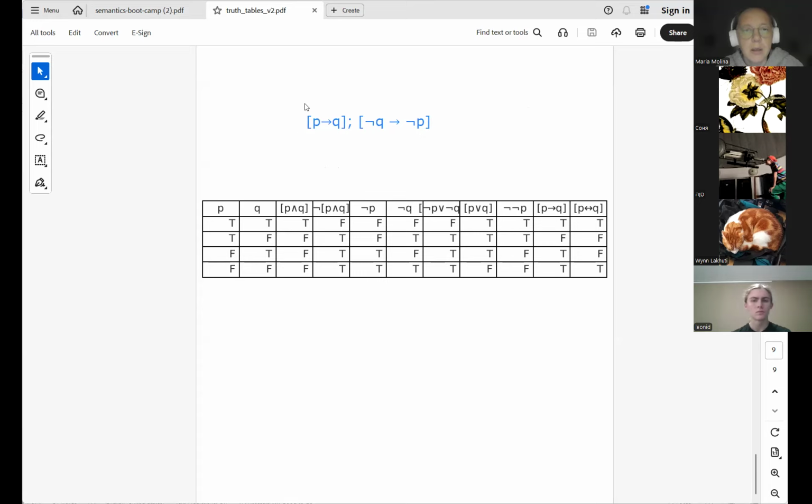We apply De Morgan's law to P to Q, and what do we get?